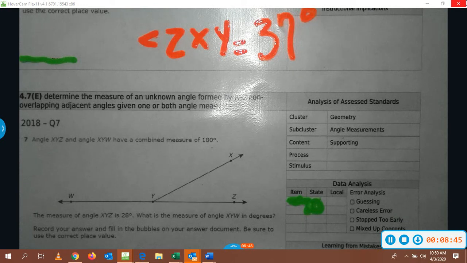Alright, so let's be some investigators and let's get the information that we know and jot that down and see if we can come up with a fantastic answer. The straight line right here is 180 degrees.